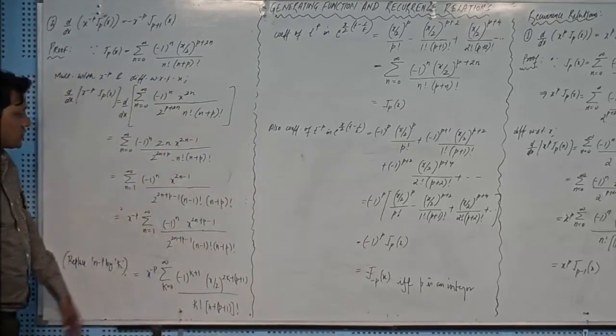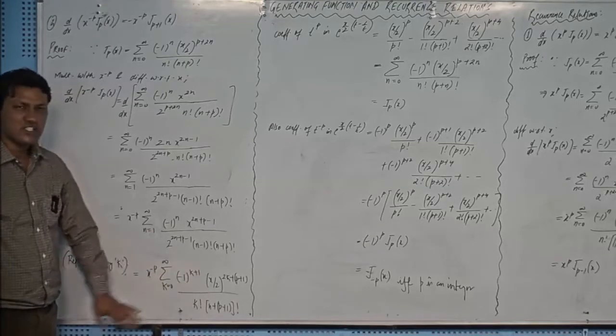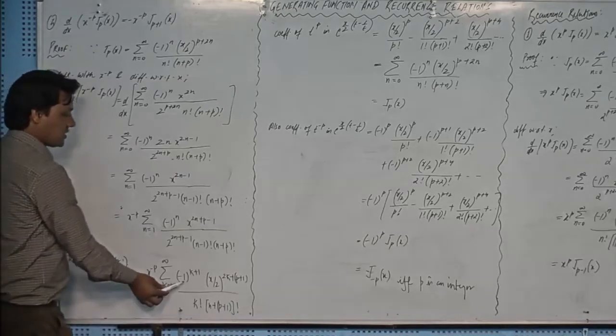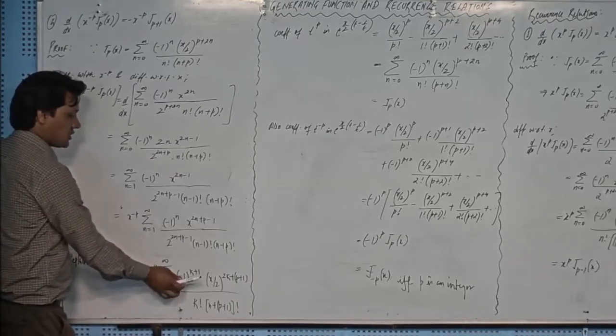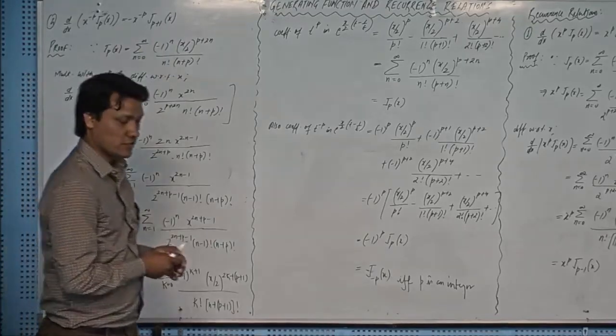So ultimately you reached here, right? And now there is a good chance to replace this by jp or jp plus 1, whatever. But you can see that this is minus 1 to the power k into minus 1, so that minus 1 will appear here, and ultimately we will achieve our target.